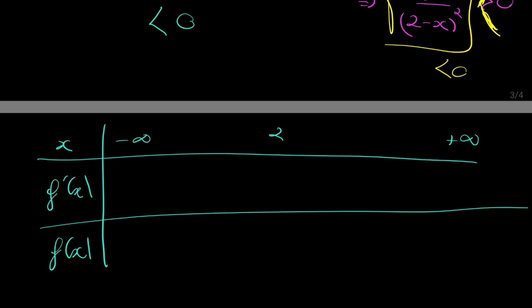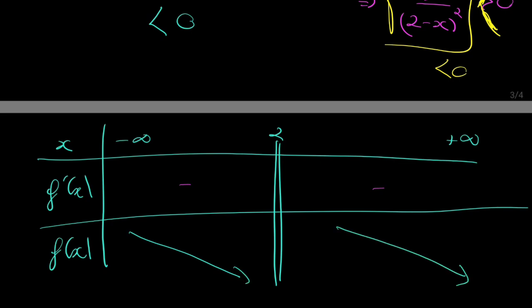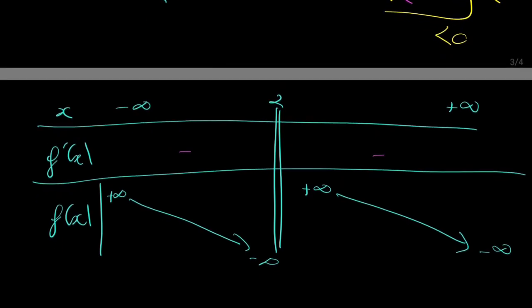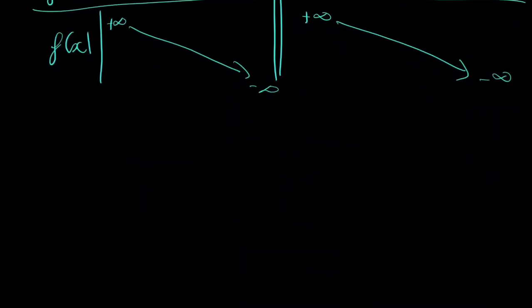For all values of x, f and f prime are not defined on 2, but we will have something negative as f prime of x, negative, negative, and so we will go down each time, from plus the infinity to minus the infinity, and as well from plus the infinity to minus the infinity. We've proved that in question 3. And as we know all these things, we can now graph f of x.